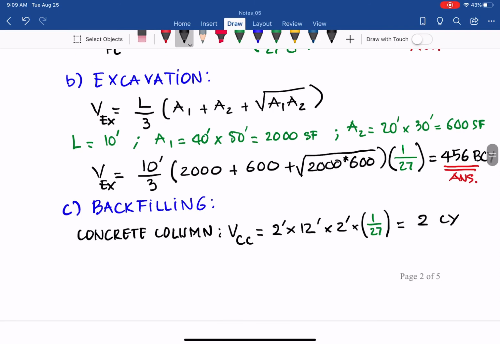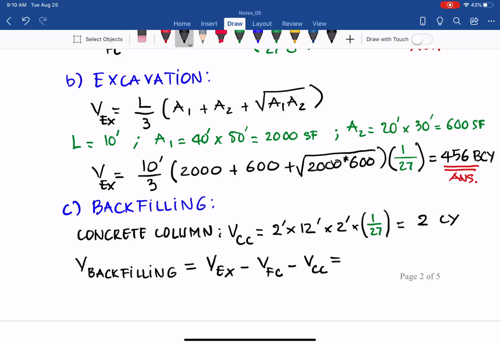From that we can finally find the V of the backfill, equal to the total volume of excavation, minus the volume occupied by the footing concrete, minus the volume occupied by the concrete column.